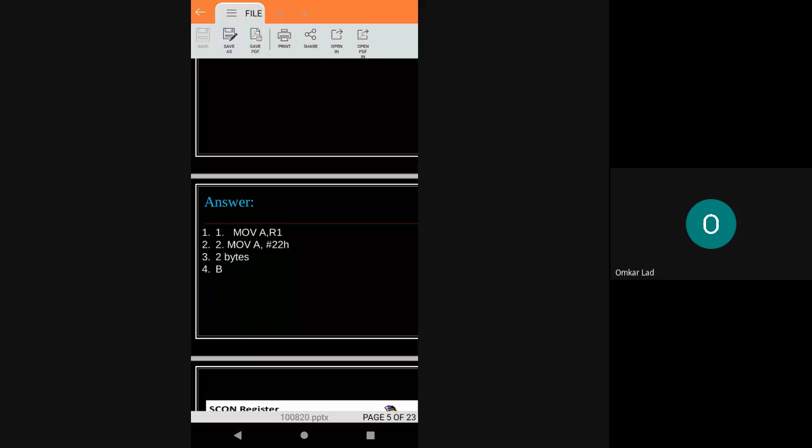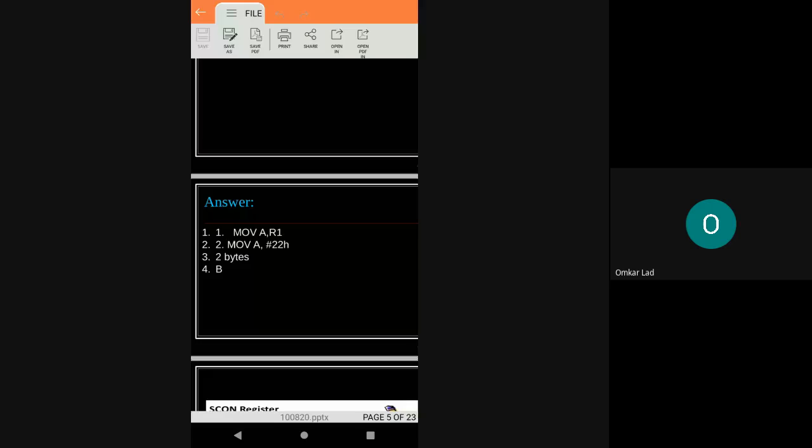For the second it is MOV A comma hash, which is important, because there it was written data direct. Data direct is nothing but the data you are supposed to transfer directly, so hash is required before this particular data. We are supposed to take that care also.